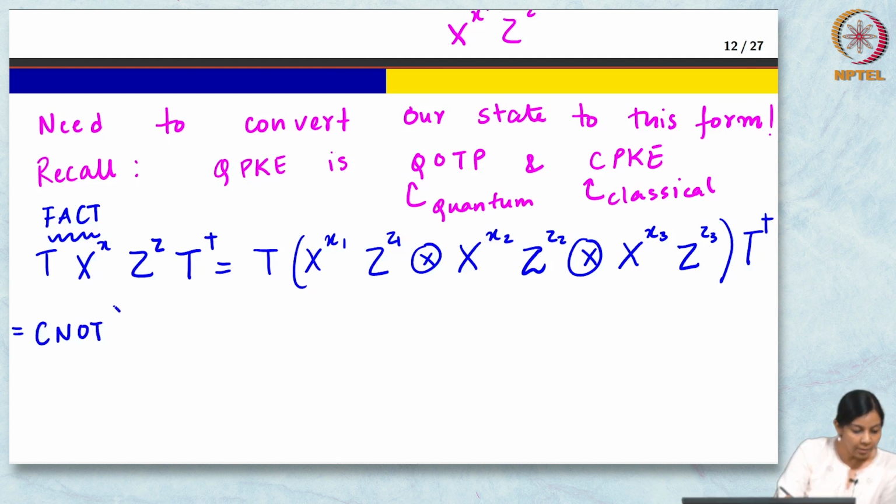So, C naught of x 2 1 3. This notation here means that whatever is in the superscript, so x 2 over here, is the control bit for this C naught gate. Okay.